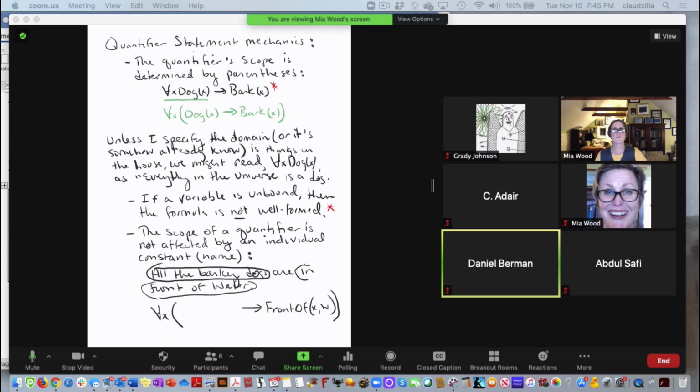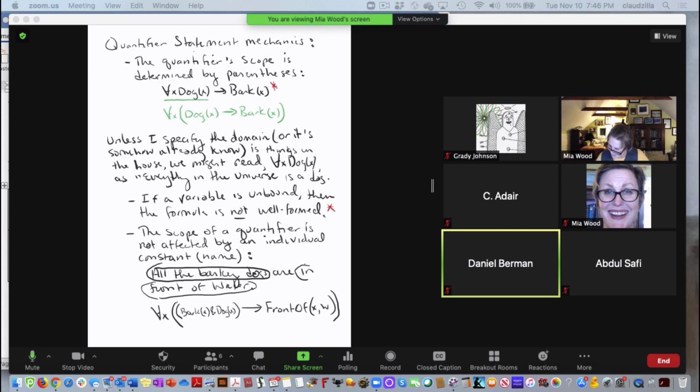Here's the beginning of our standard Aristotelian form, all S are P, where S is just one subject class, right? But we've got things that are barking, and we've got things that are dogs.